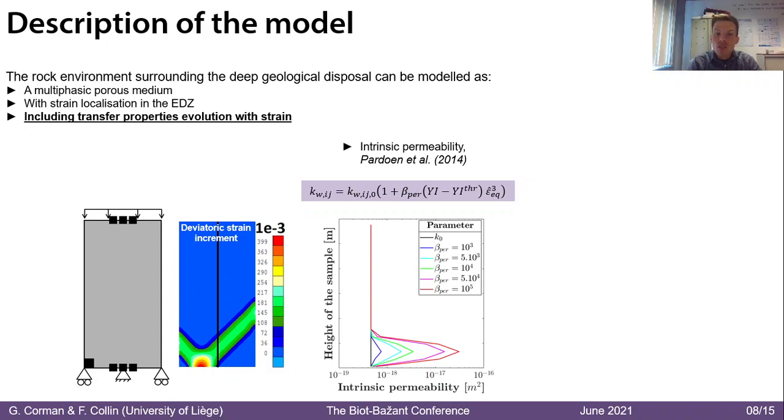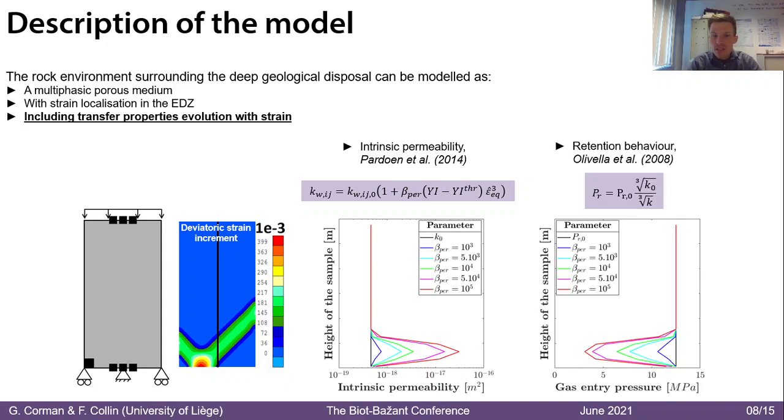And this phenomenological law can be fitted on in-situ measurements. On the other hand, a strain-dependent evolution of the water retention curve correlated to the evolution of permeability is also used to account for the modification of the pore network morphology due to damage.